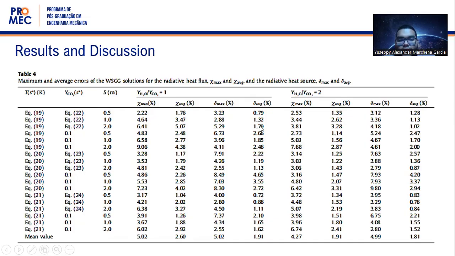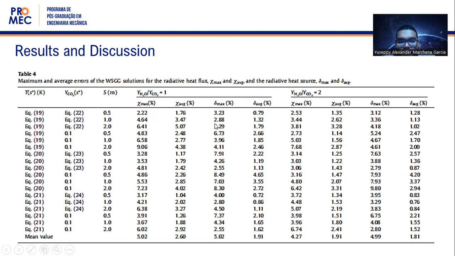Finally, the global averages: the average of the radiative heat source and the average of the radiative heat flux. We can see here that we have an error of the order of 5% maximum and 2% average.